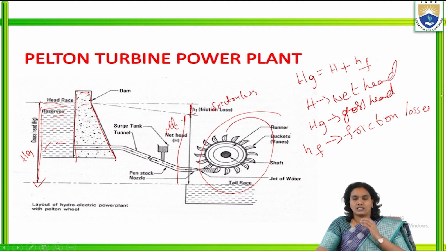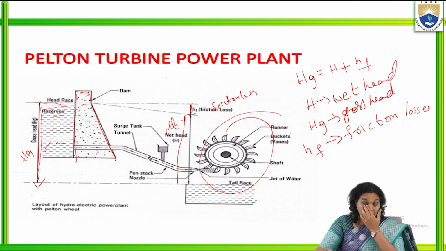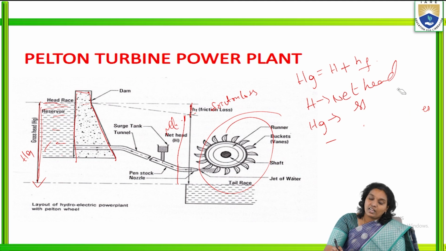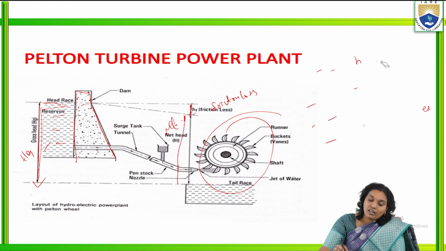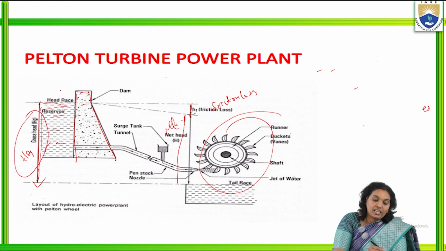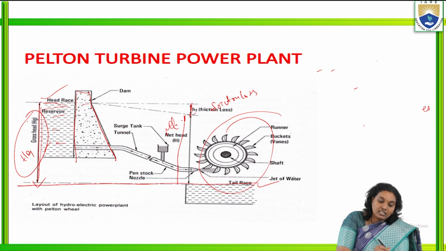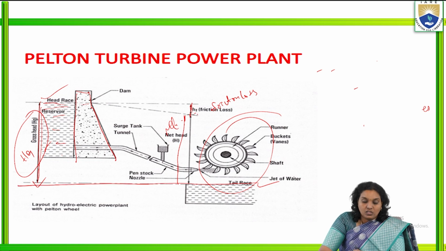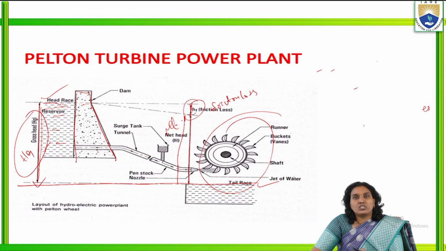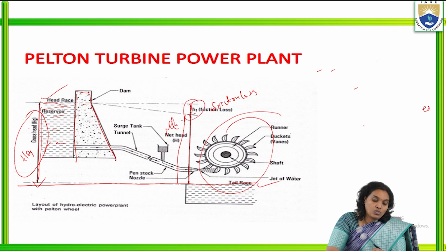From the reservoir in that particular dam, the overall head from the reservoir level to the tail race is the gross head. So we consider the net head by reducing the frictional losses from the gross head.